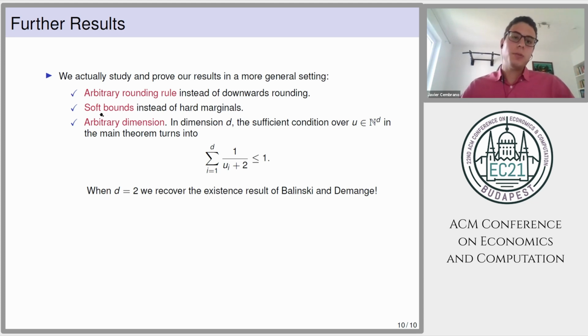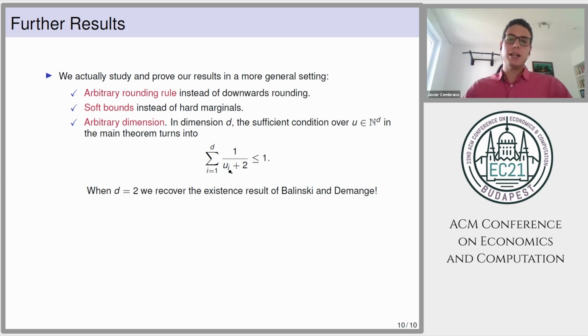In the third place, we work in an arbitrary dimension, not in the 3-dimensional case that was the one that I presented. And in dimension D, the sufficient condition over U in our main theorem turns into this sum being less than or equal to 1. That is the same sum that we used for the 3-dimensional case, but for the arbitrary dimension case. In particular, it is important to note that when d equals 2, we can just take u1 and u2 equal to 0 because 1/2 plus 1/2 is less than or equal to 1.